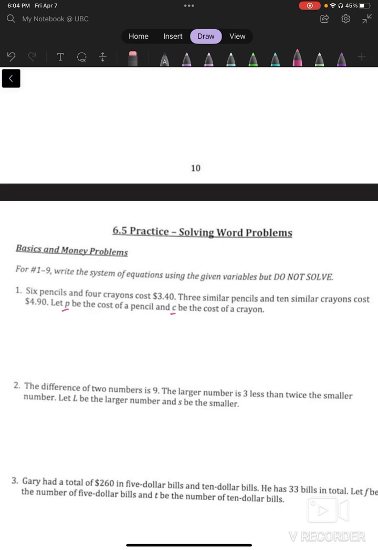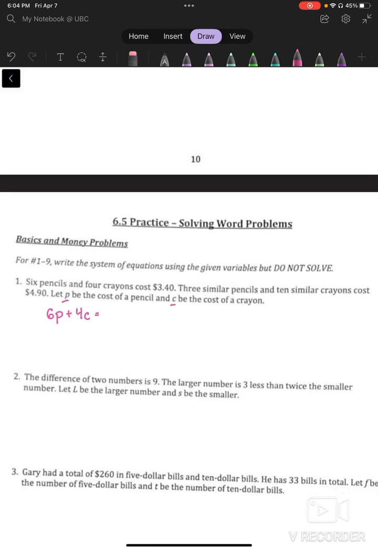So to set up the equations first, it's saying 6 pencils. So 6 times the cost of a pencil, and 4 crayons. So 4 times the cost of a crayon equals $3.40.